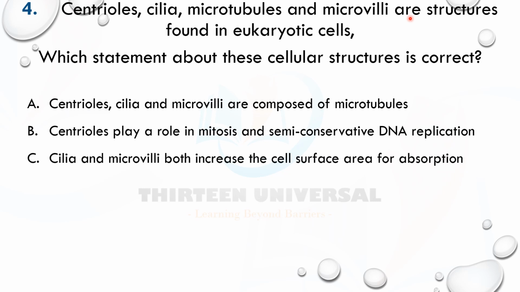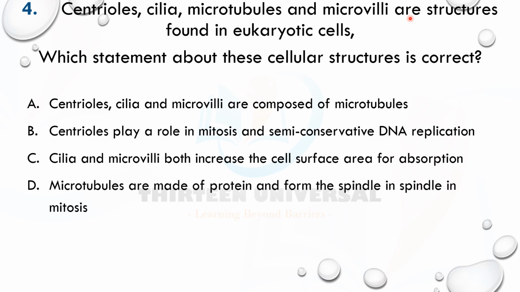Is that correct? Cilia and microvilli both increase the cell surface area for absorption. Microtubules are made of protein and form the spindle in mitosis. Okay, so which one is correct?